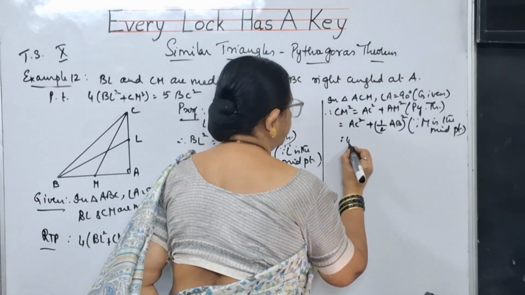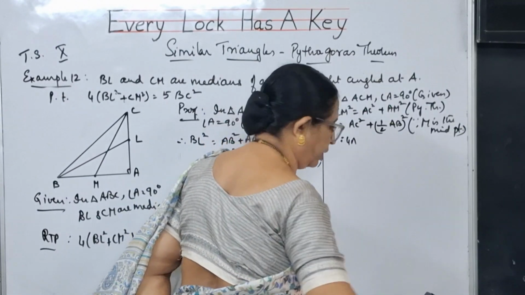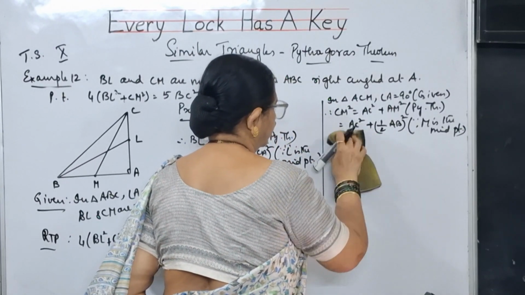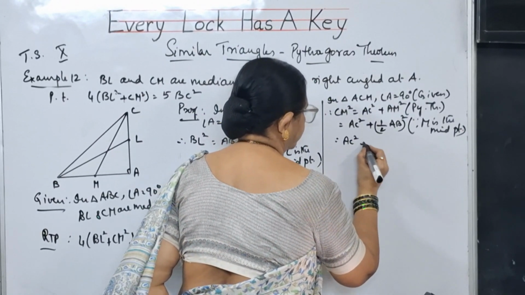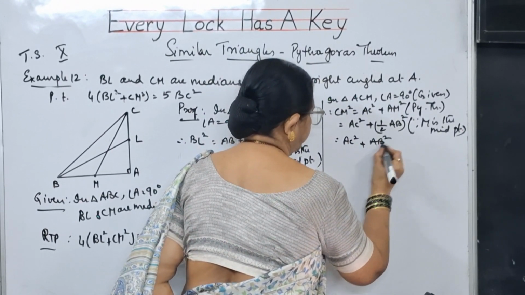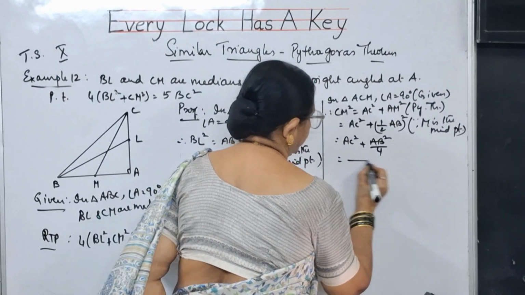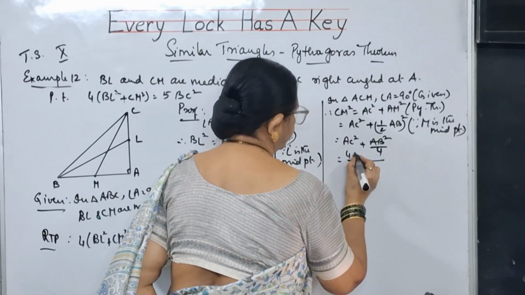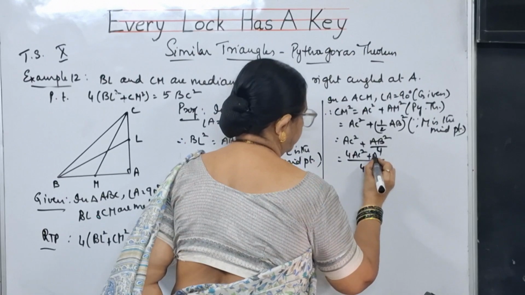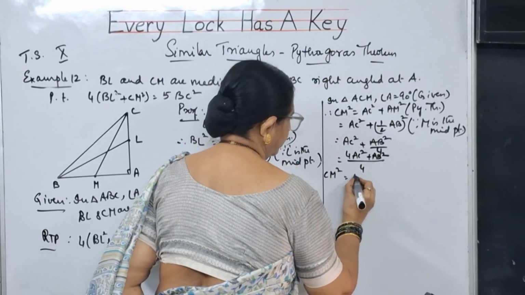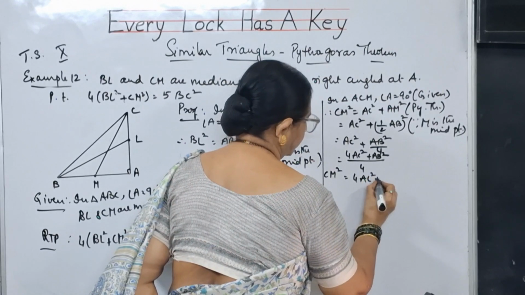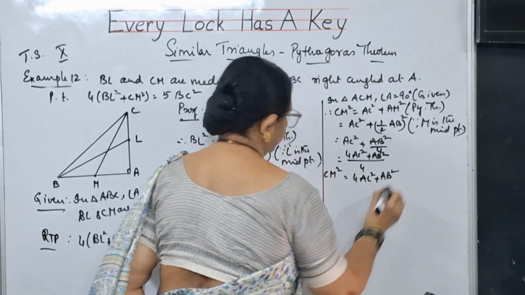So this is nothing but AC square plus AB square by 4. So LCM if you take 4, 4 AC square plus AB square. So CM square is equal to 4 AC square plus AB square by 4.